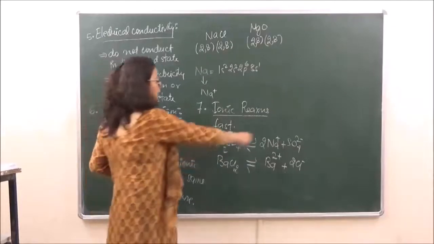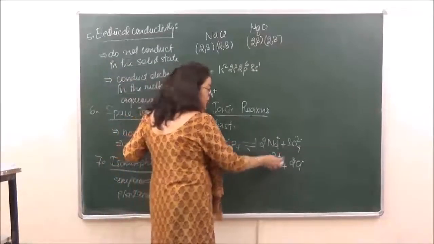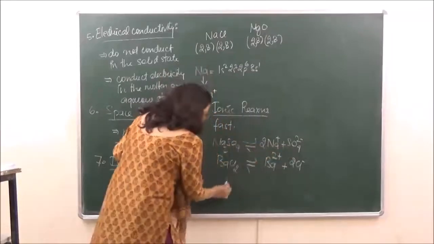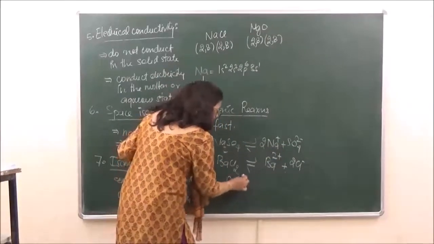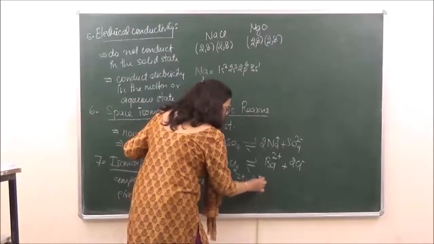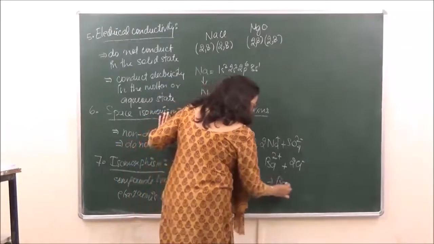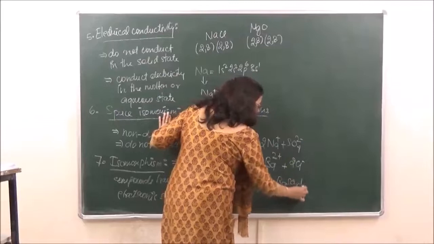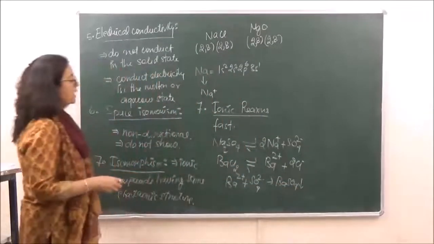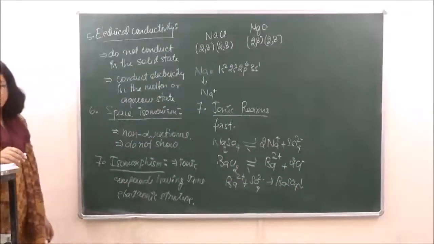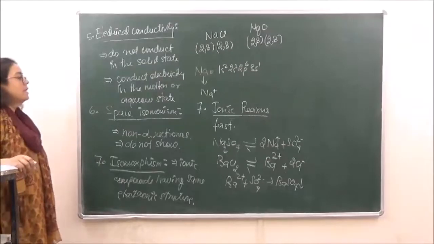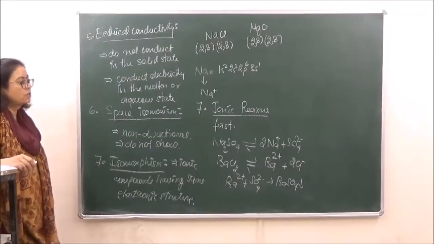Ions are present from both. Immediately they will react together to give us a white precipitate of barium sulfate. So the reaction is very, very fast, because they are ionic reactions.